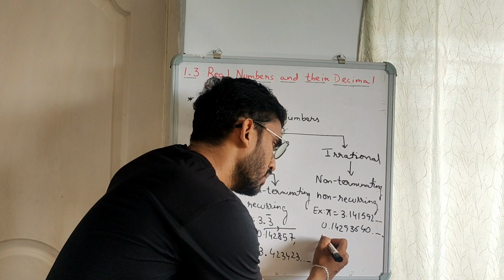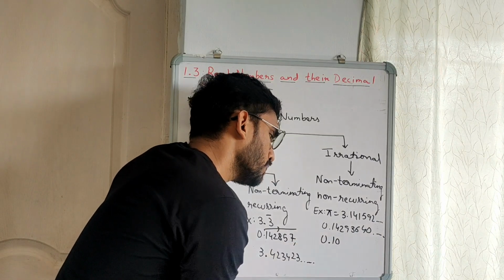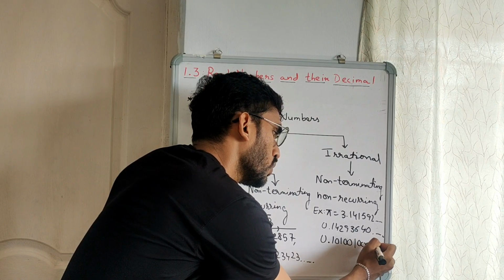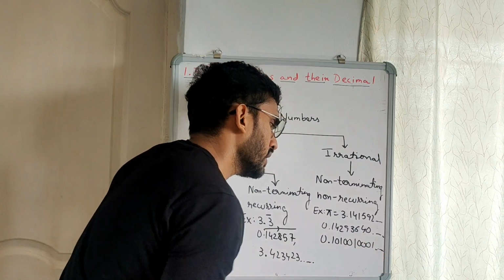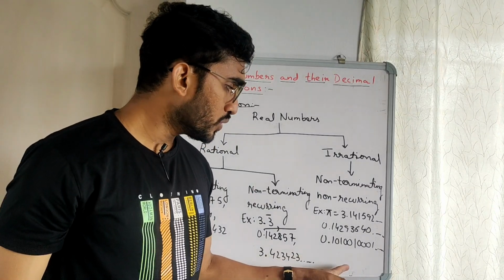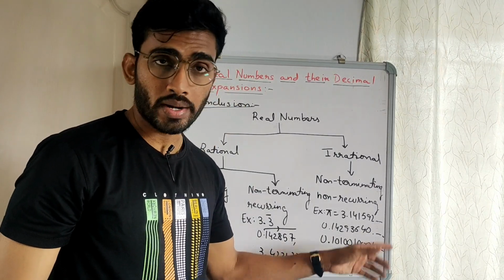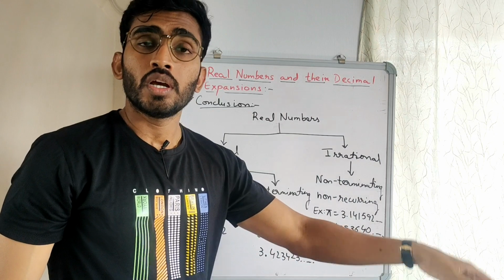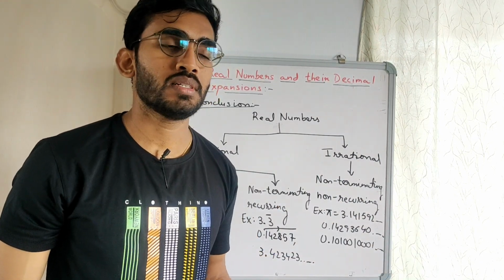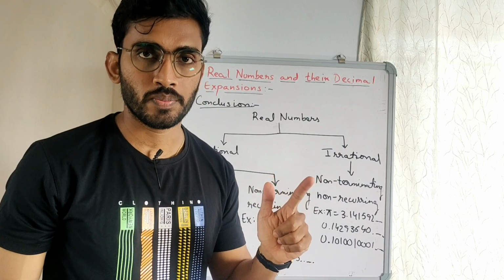Also, if we consider a number like this, 0.1010010001 and so on. Okay, dear students, pay attention here. It is 1 0 1 0 0 1 0 0 0 1 and so on, continuing. You will see that only 2 digits are used here after the decimal, that is respectively 1 and 0.